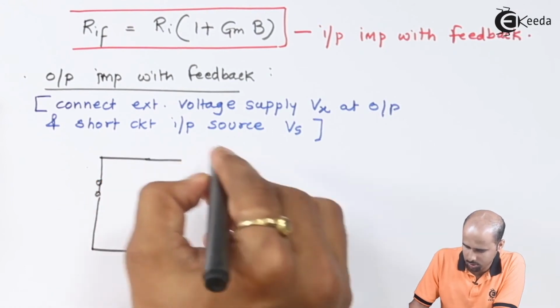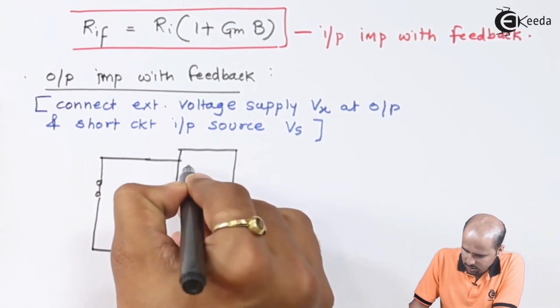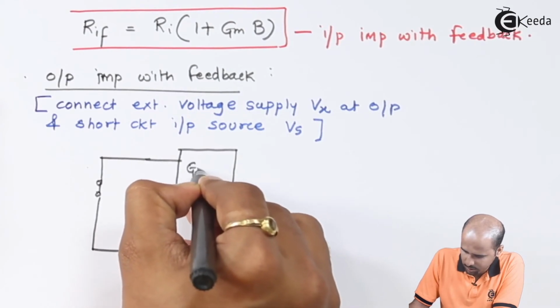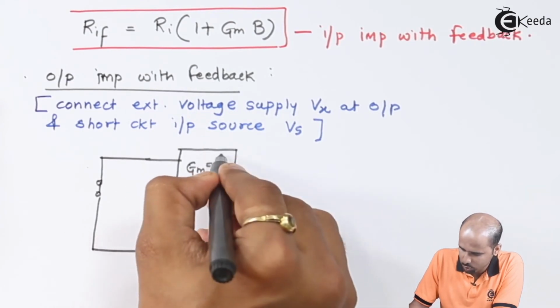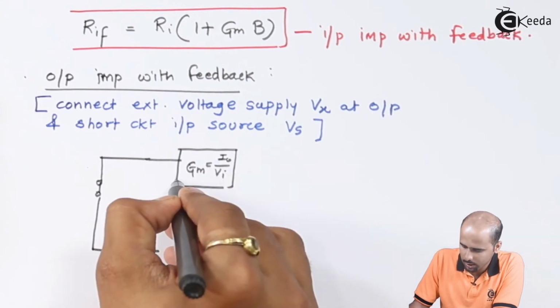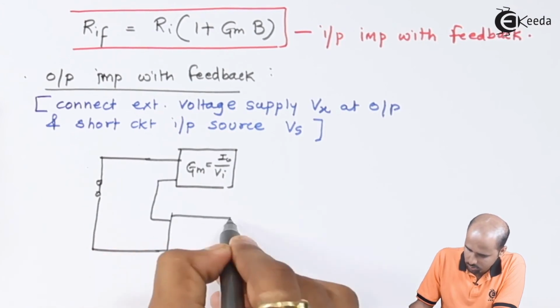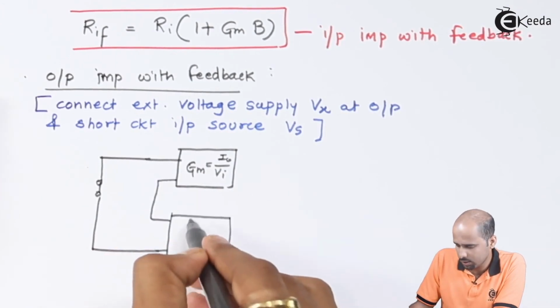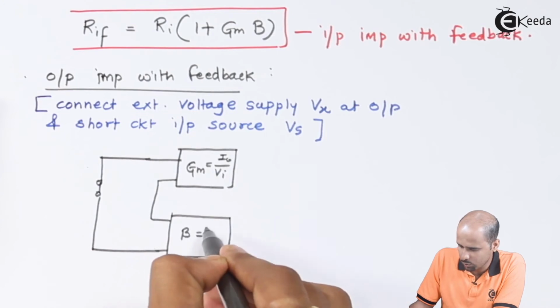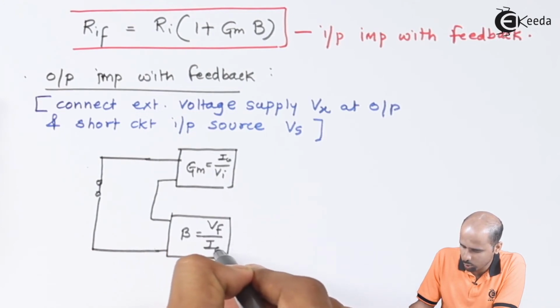I will not represent the whole circuit, I will just represent it in the form of Gm equal to Io divided by Vi. Okay, and this is in series connection. And this is B equal to Vf divided by Io.